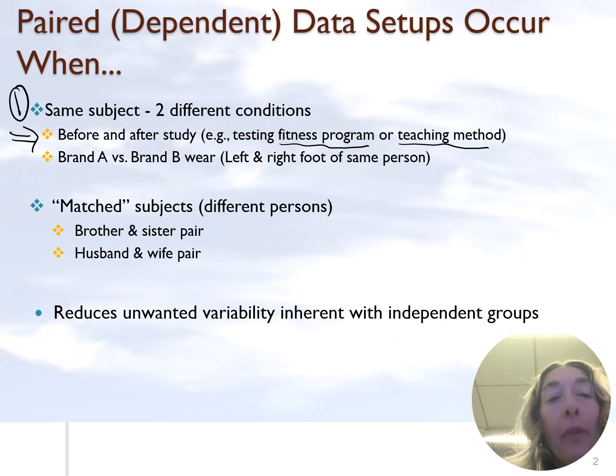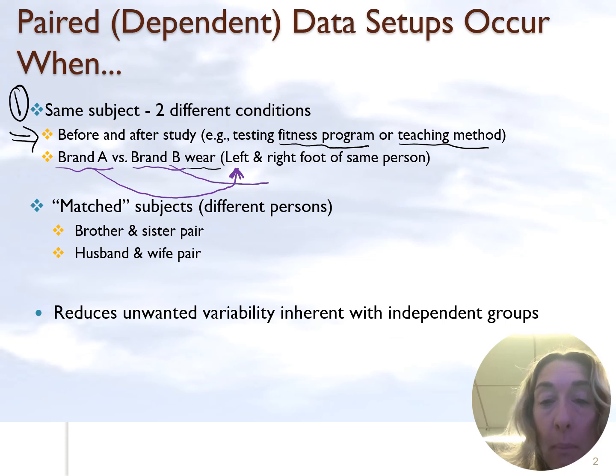Another example of a same subject experiment is where you might be trying to test the wear for two different brands of shoes, brand A versus brand B. You might put brand A of the shoe on the left foot of a person. You would then take brand B shoe, put it on the right foot of the same person.